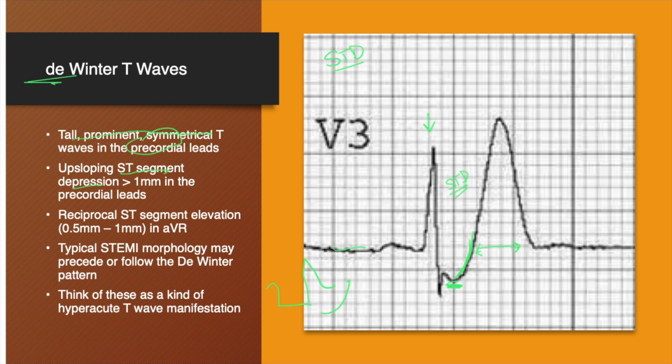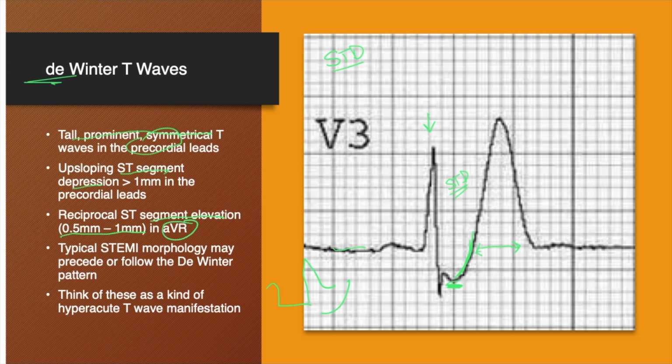left anterior descending artery. You can get a reciprocal ST segment elevation that is very subtle, that is generally less than a millimeter, so half a millimeter, 1 millimeter in AVR.